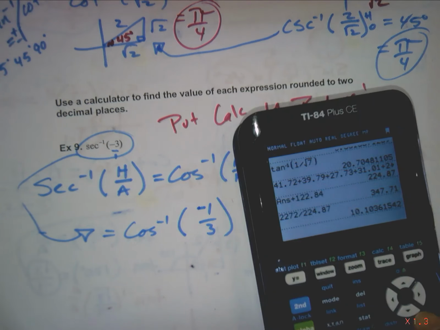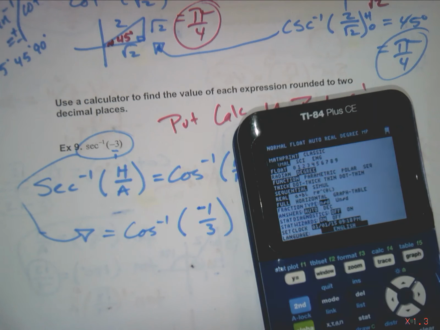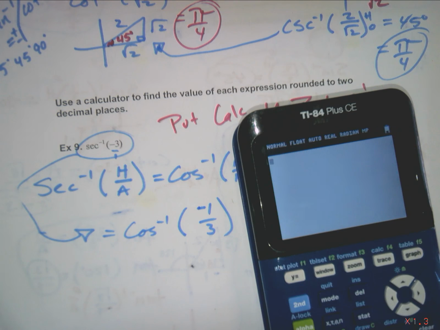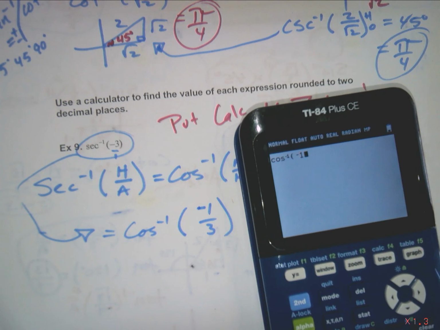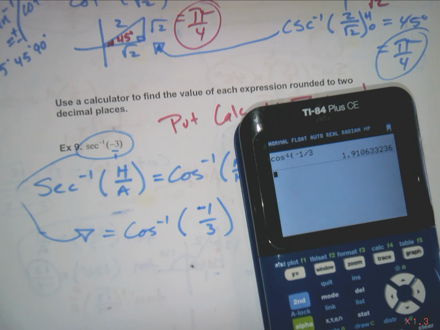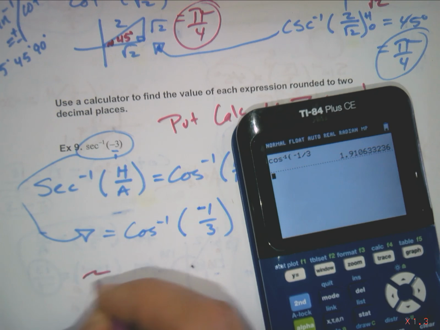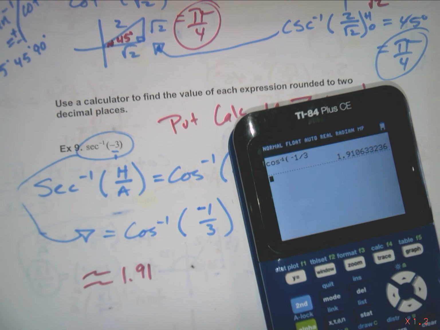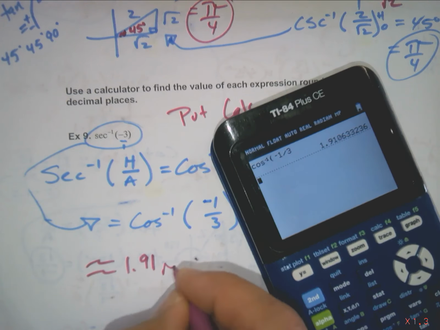So if I have a calculator, I press mode, I go down to radians, okay, and now I just do second cosine of negative 1 divided by 3, press enter, boom, I get 1.91. Again, that's in rads, radians.